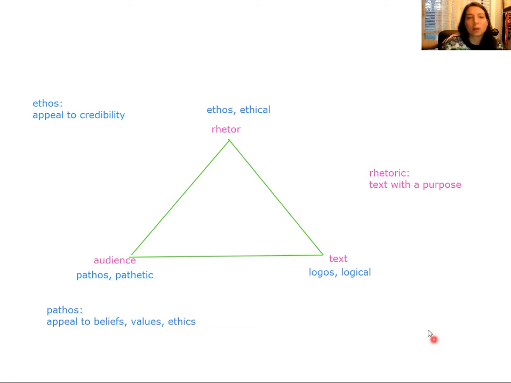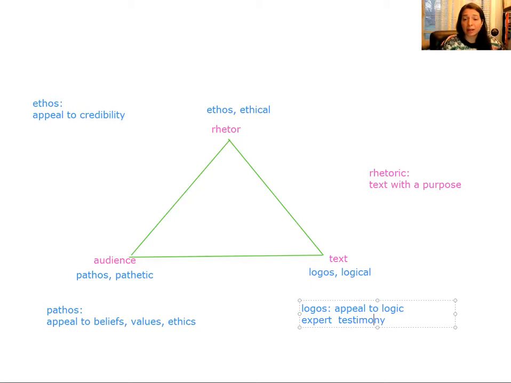Now, logical appeals are what we typically think of as convincing. So let me follow the same structure as everything else. So logos are appeals to logic. So this could include things like expert testimony.